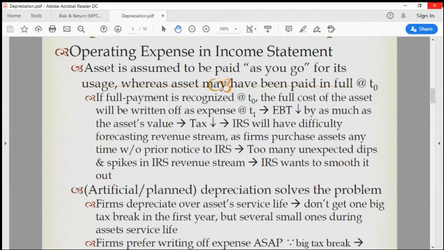Or each year, your taxable income becomes $10,000 less than it really is, right? In other words, these $10,000 from years 2, 3, through year 5 are like a ghost expense, a phantom expense. It's phantom. It's not really there, but it works as if the expenses were incurred in those years, right?